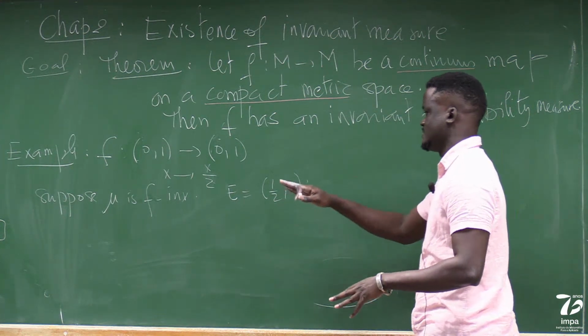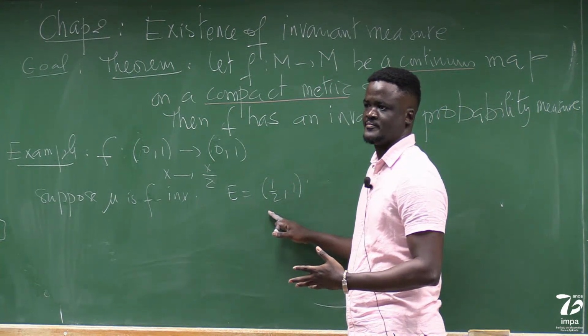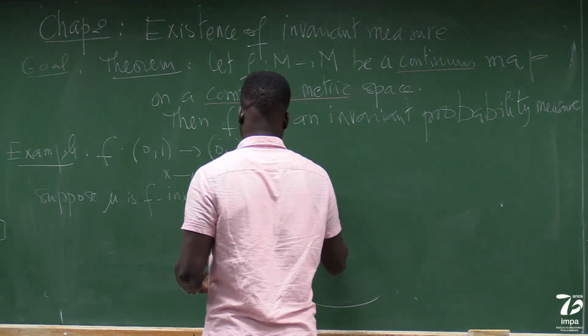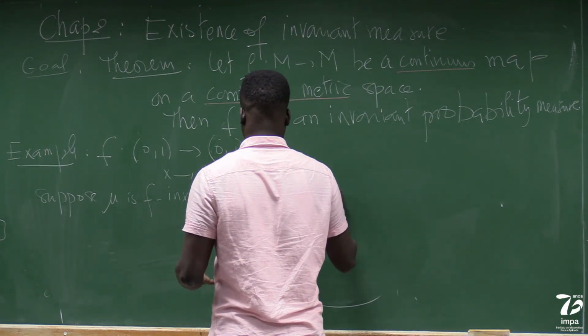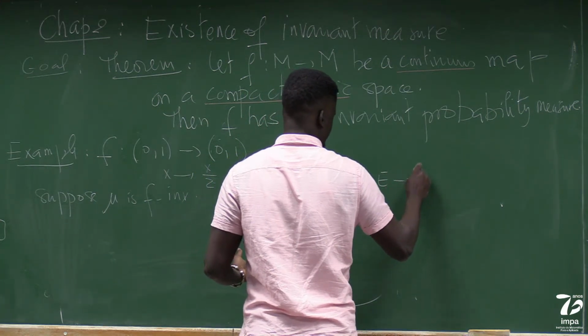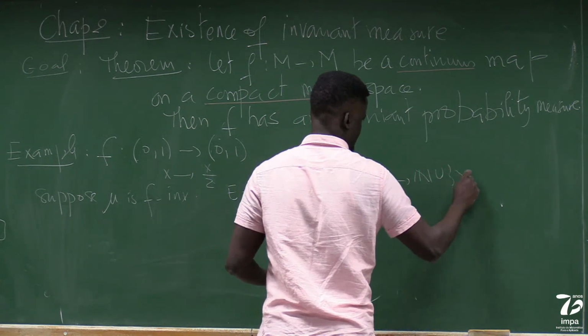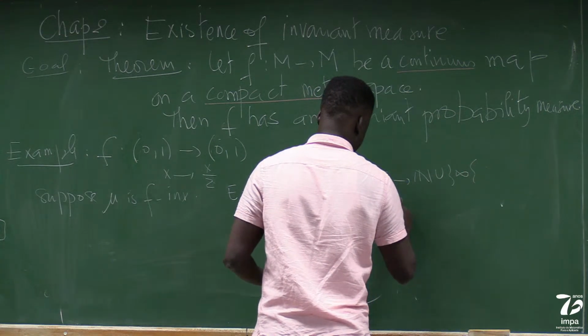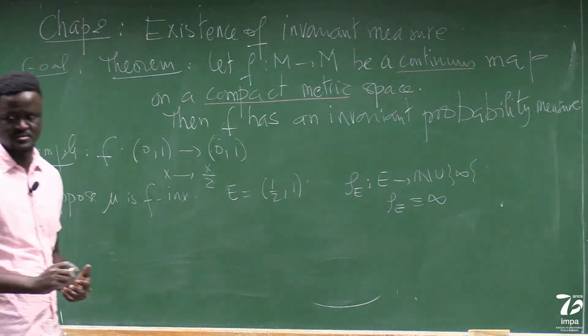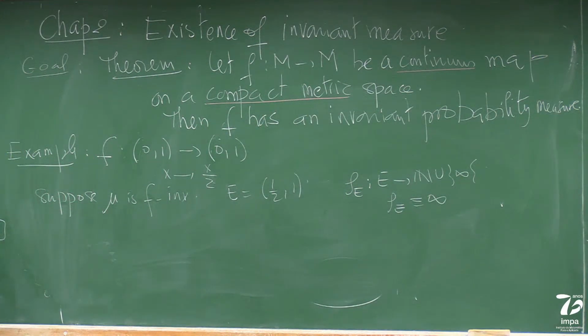So that means that the measure of this set has to be 0. So the return time, if you want to row E, this guy is identically infinite. If I take this, the points, they never come back to E.